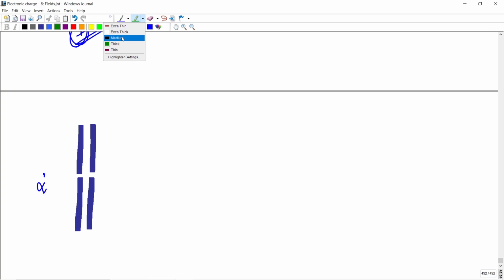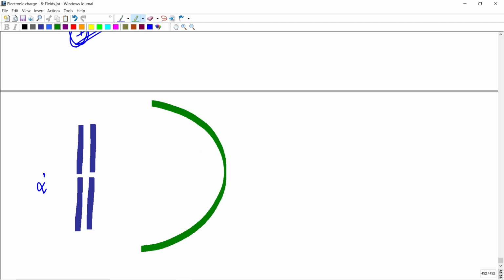Suppose we put a screen here, and a gold foil. The gold foil thickness is very small. Now the alpha particle passes through the lead bricks. Here you see that the maximum number of alpha particles pass straight through, and this is a zinc sulfide screen.